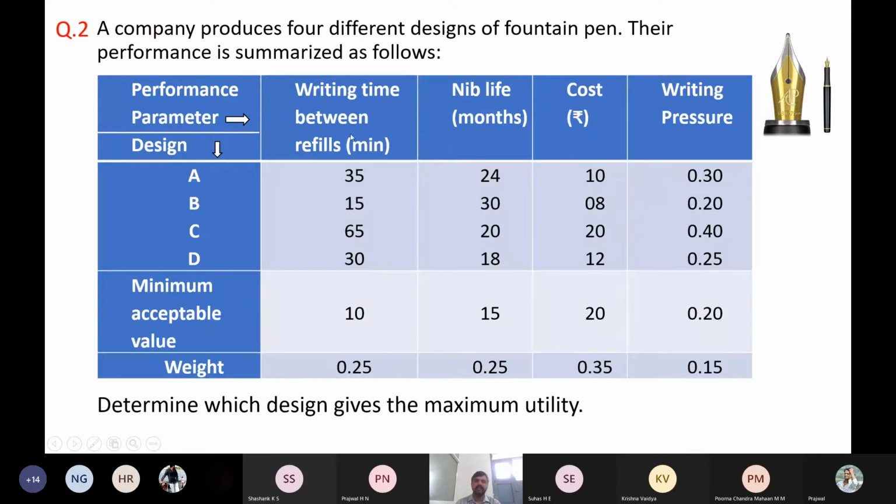Now consider writing time between refills. Which is preferable, less or more? More. So it should be more. If you are making a selection only based on writing time between refills, which one do you prefer?